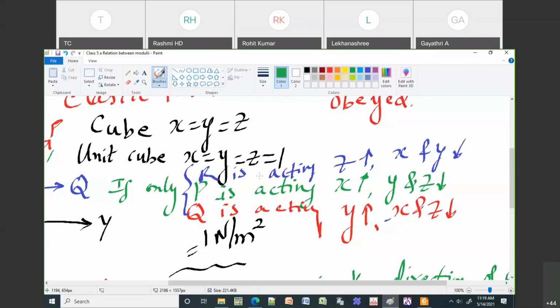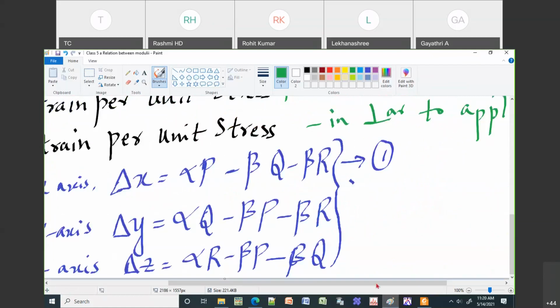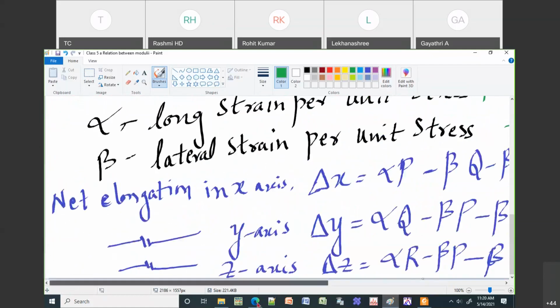In the same way, if R is acting in z direction, the length in z direction is going to increase, but the lengths x and y are going to decrease because this is perpendicular to the applied force. Okay, so this is about your first equation. So this will be the net elongation. Okay, so do you have any doubt up to this?